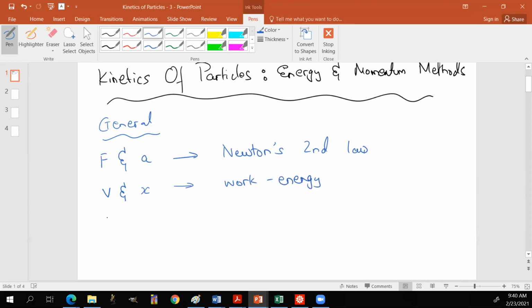And when you're looking at velocity and time, again, we've looked at this from a kinematics point of view, but we'll see in the next class that we're looking at impulse and momentum when velocity and time are coming into the picture.